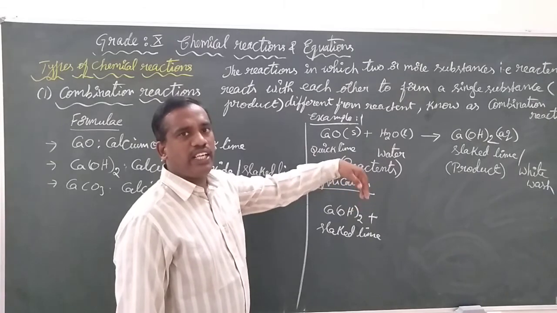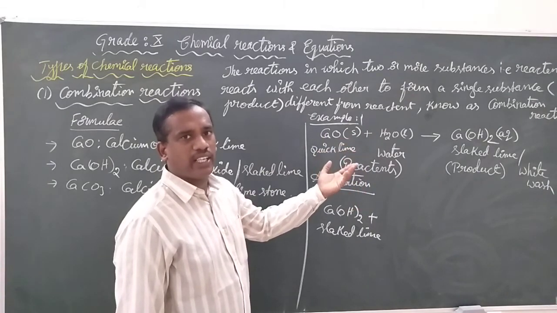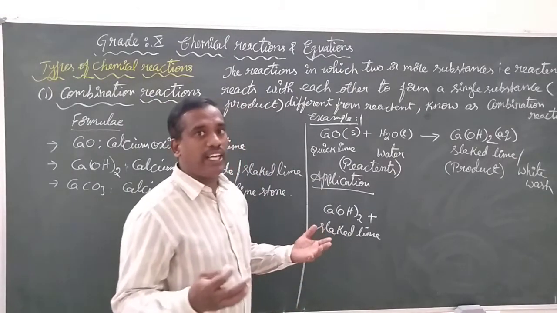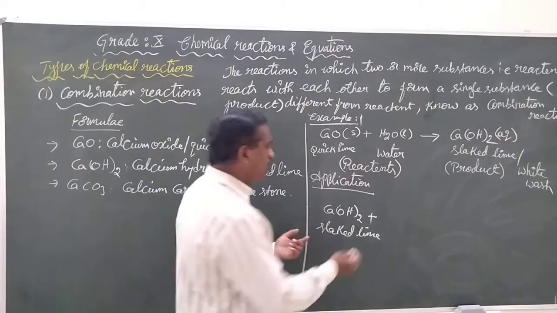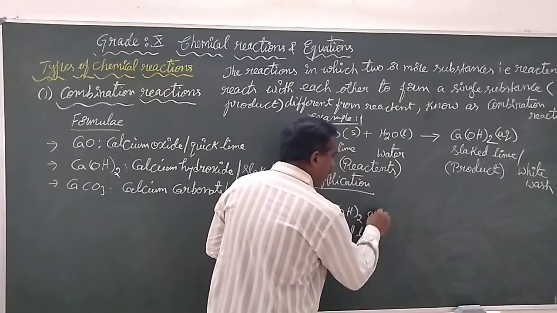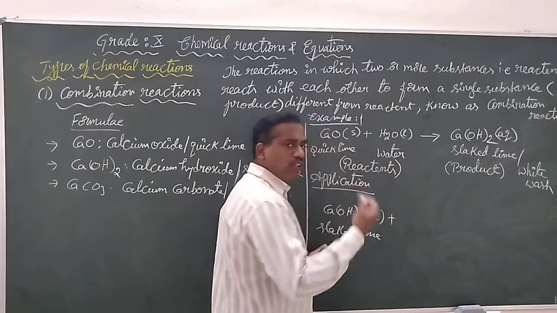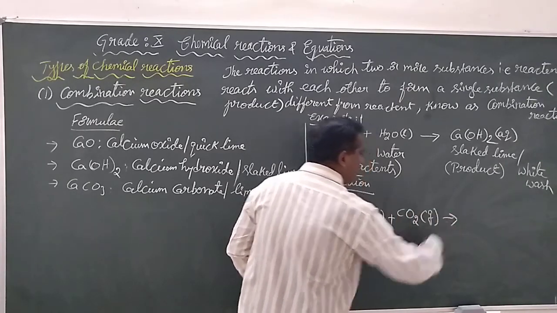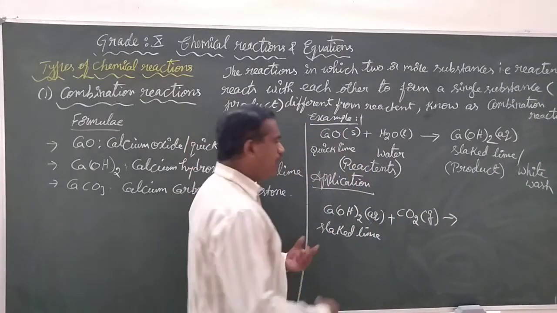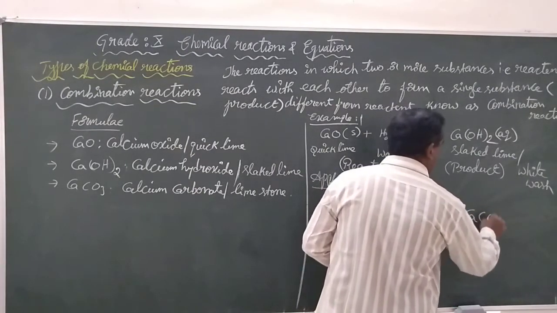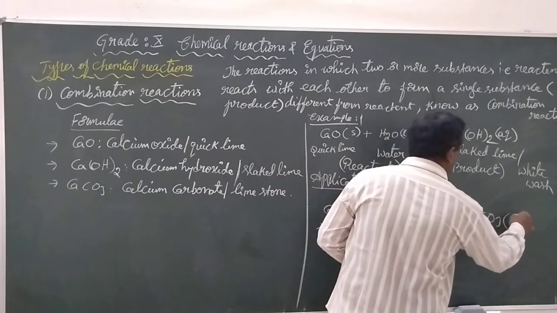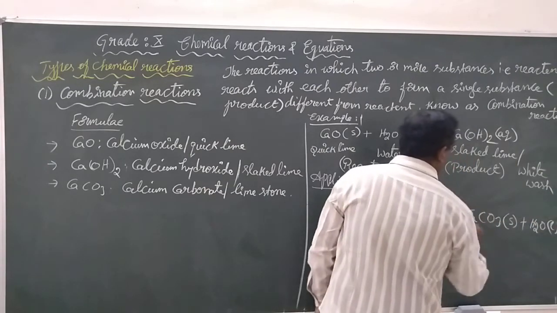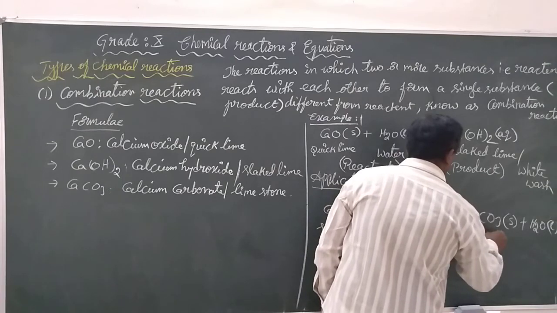When we apply it initially, it will be very pale or dull in color. But when it is left for 2 to 3 days, we get a very bright white color. Why? Because this slaked lime, that is aqueous, when applied onto the wall, is going to react with atmospheric carbon dioxide for the formation of calcium carbonate.